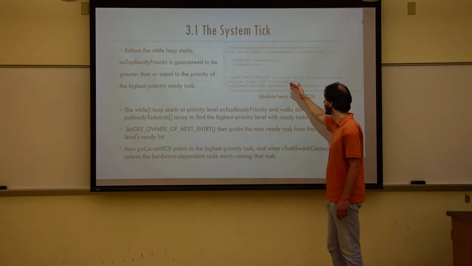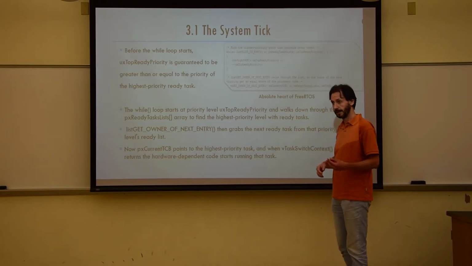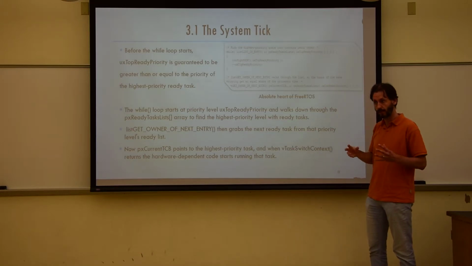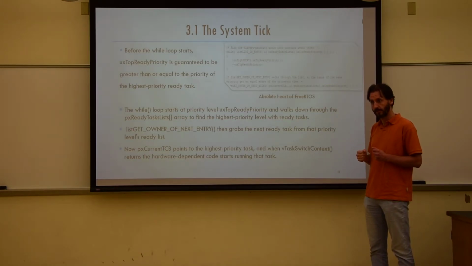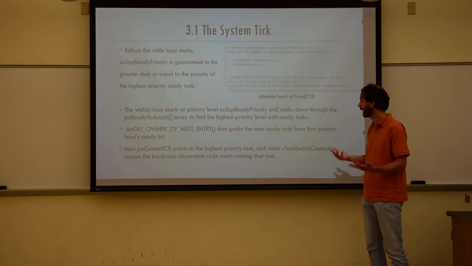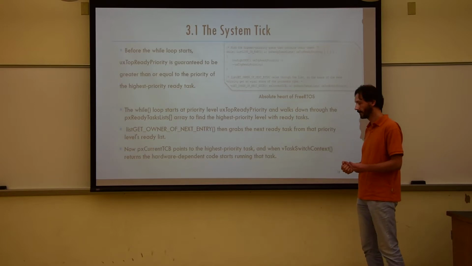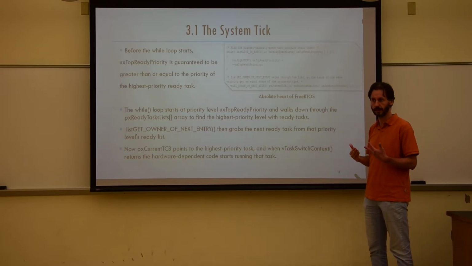It effectively looks whether in that array of lists, which highest priority list, if you will, is not empty. Once you find it, you know which tasks you would like to start executing, which are those in that particular list.